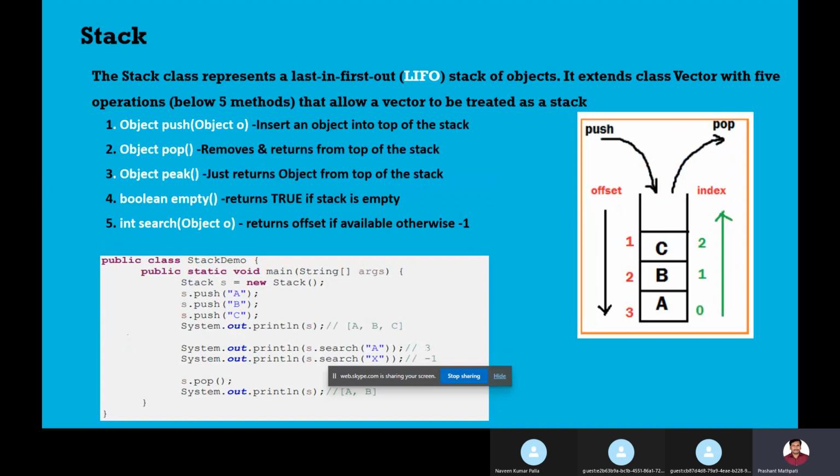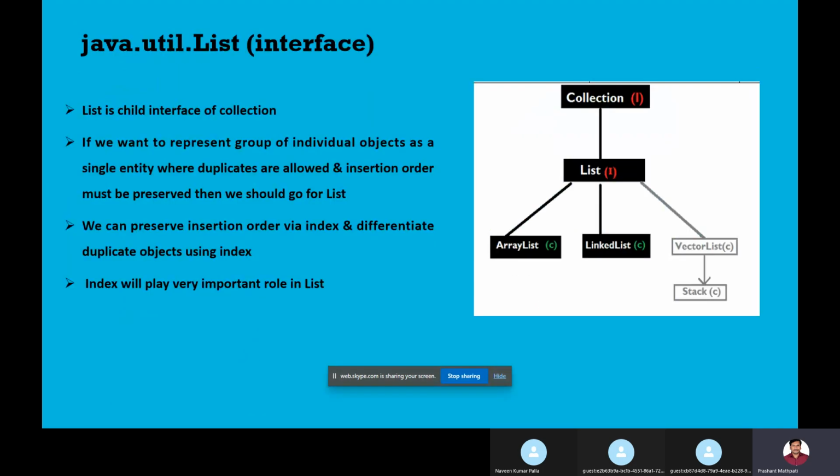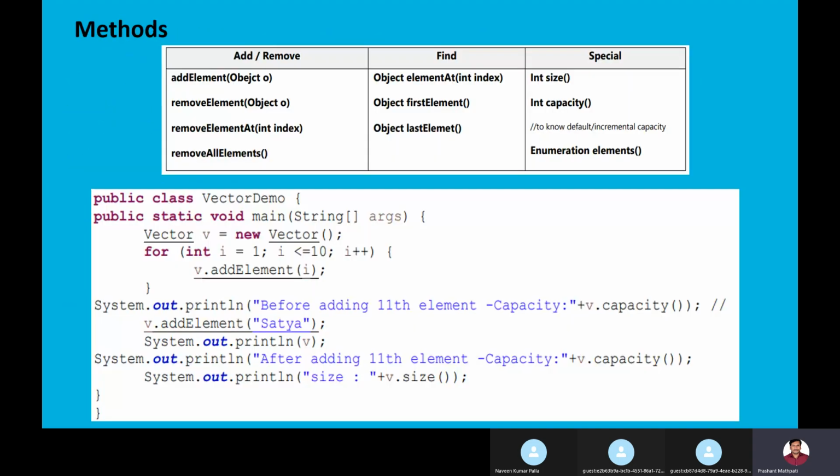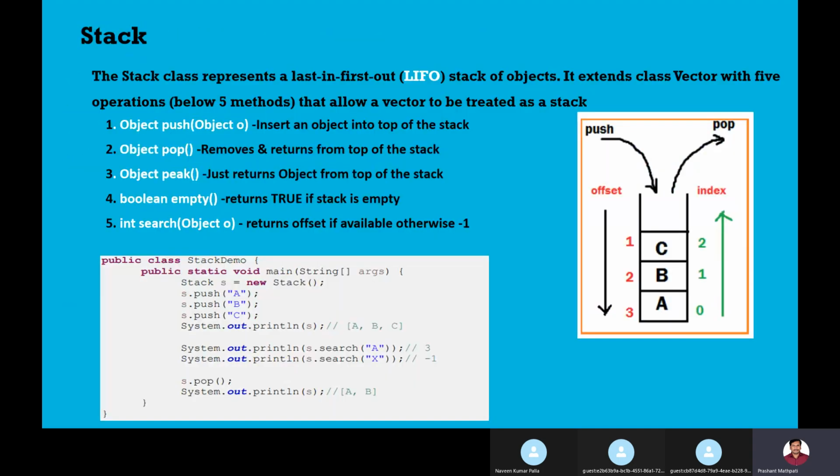As I explained earlier, vector is a legacy class. Stack is also a legacy class because stack extends Vector. These two classes were introduced in the 1.0 version. That's why it is called a legacy class.